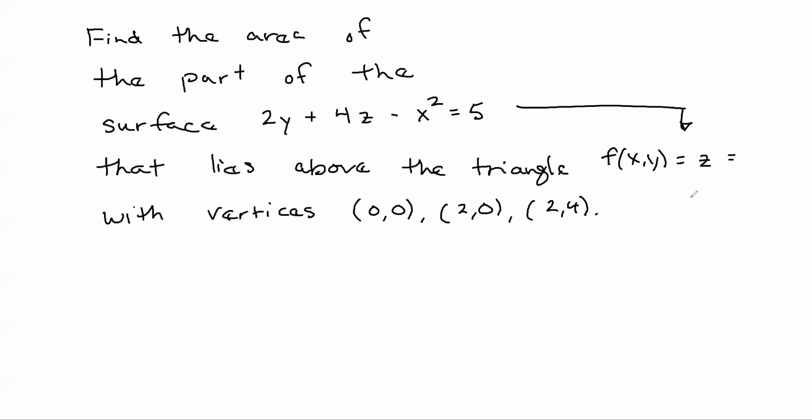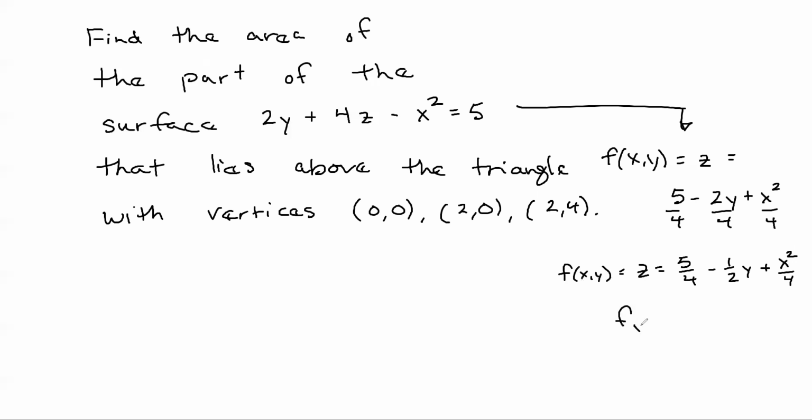So 4z is going to equal 5 minus 2y plus x squared, and then we need to divide by 4. So you get z equals 5/4 minus 1/2 y plus x squared over 4. And so that's our f of xy.